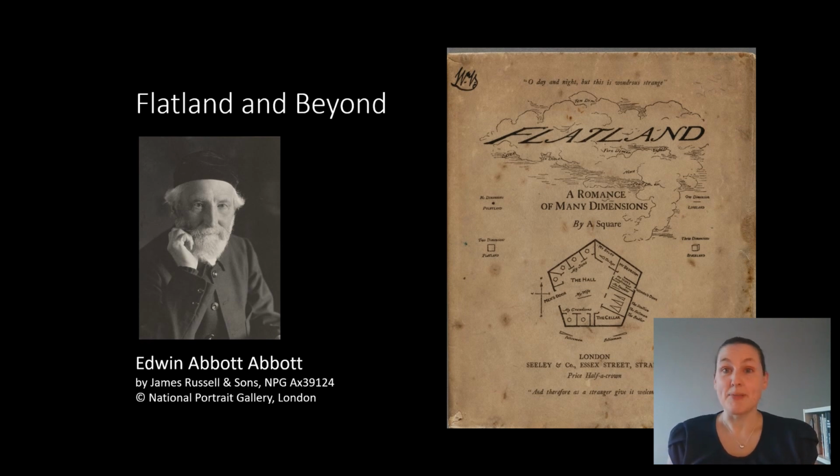Flatland is described as a romance of many dimensions. The protagonist is A Square, so this is Abbott, and he lives inside a completely two-dimensional universe. Now, the book itself has two roles, really. It's a satire on Victorian values, and in particular, the treatment of women and the lack of educational opportunities for women.